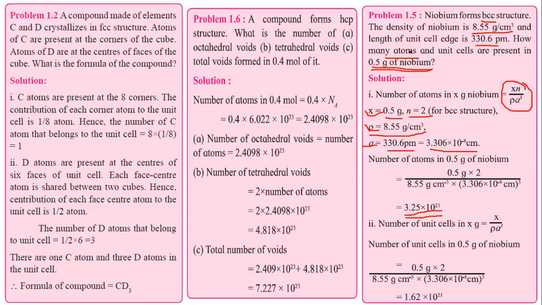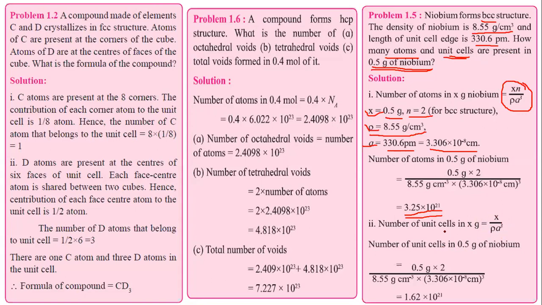Now another question is asked: how many atoms and unit cells. Unit cells also we have to calculate. For the number of unit cells, we have to use the second formula again. This is x divided by rho a cube. All the values are already known.